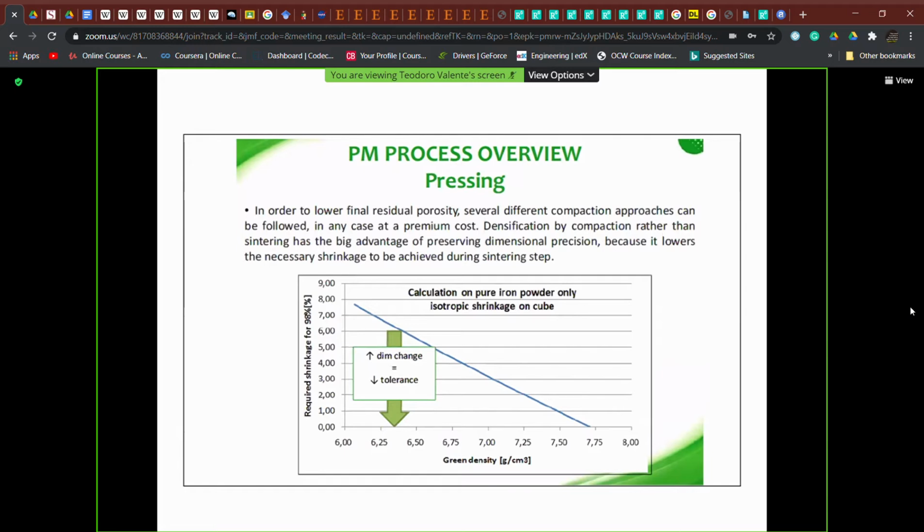In order to lower the final residual porosity, which for structural applications represents a problem. It is not a problem if we are thinking about applications, as I showed you last time, where, for example, solid lubricant can be inserted inside the porosity. But if we are talking about components to be fabricated after sintering for structural applications, that is, components which must withstand applied loads, mechanical loads, thermal loads, and so on, porosity represents defects.